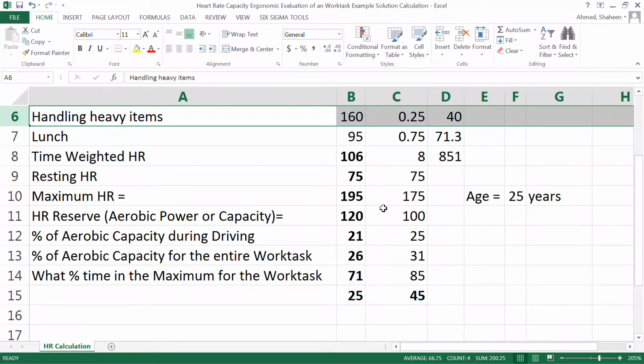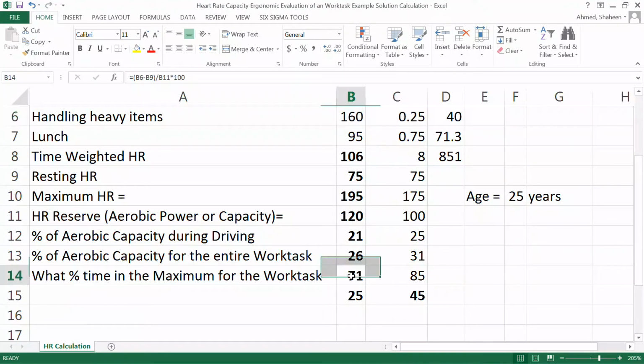The person will have some lactic acid concentration or muscle fatigue, things like that. For the 25 year old though, between 60 to 70% is the aerobic zone, so the person will be just fine in that range. So I hope this explains how to use a heart rate monitor to evaluate or design work tasks.